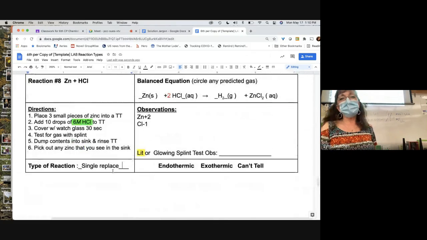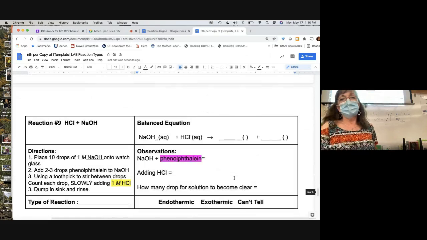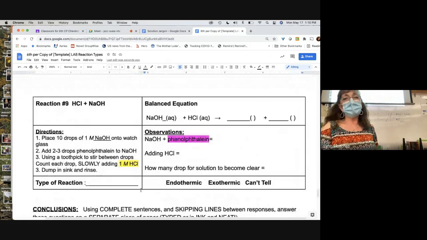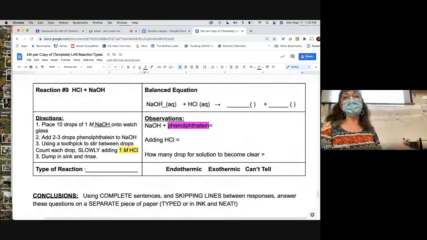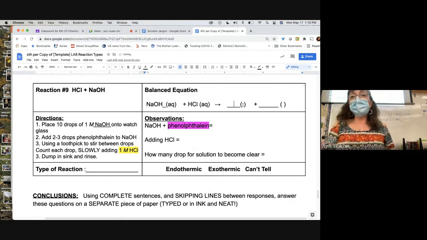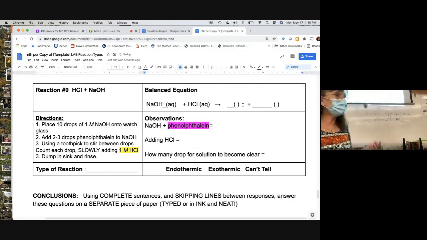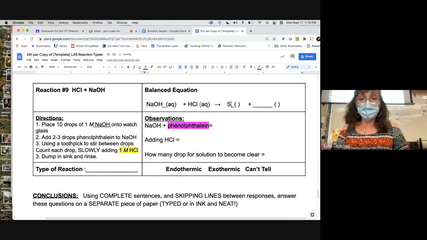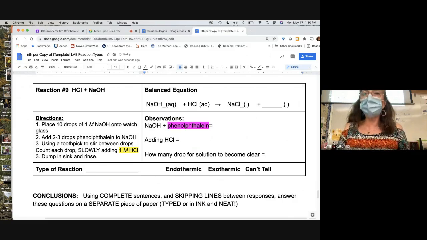Okay, so make sure you've got observations, make sure you got your results, make sure you circled or highlighted if you're at home. And then this last one, we're taking a base, hydroxide, and an acid. And what's happening? It's called innies and outies, right? The sodium goes with chlorine and makes sodium chloride. It's actually table salt.